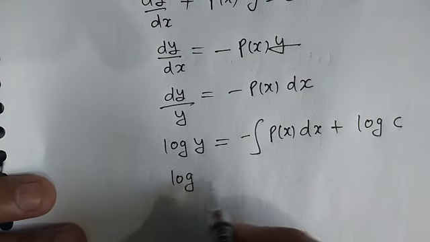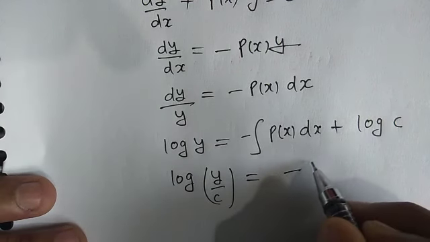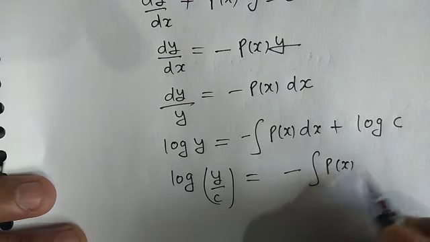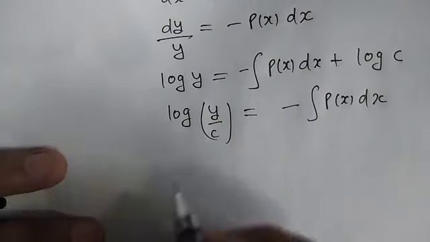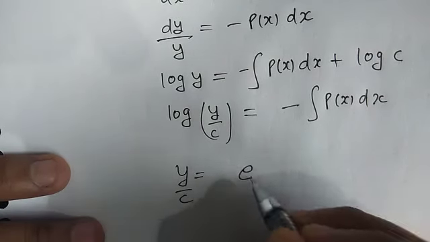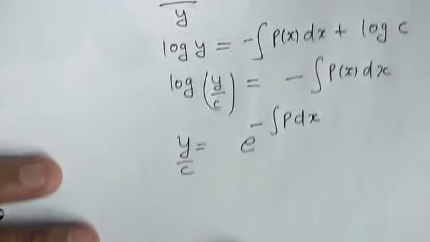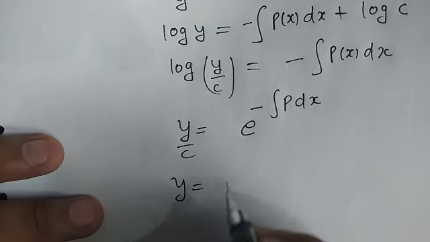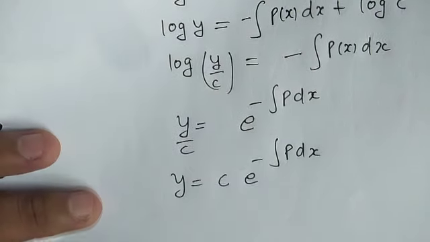So log y by c equals integral of minus p dx. So y by c equals e power minus integral p dx. So y equals c e power minus integral p dx.